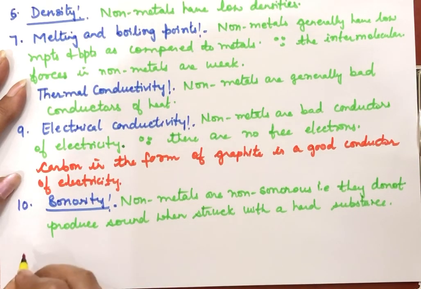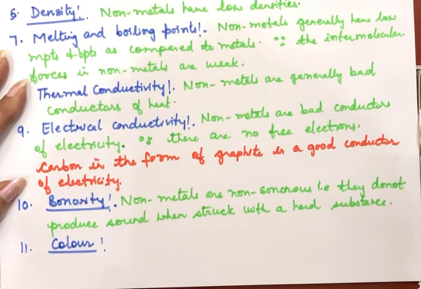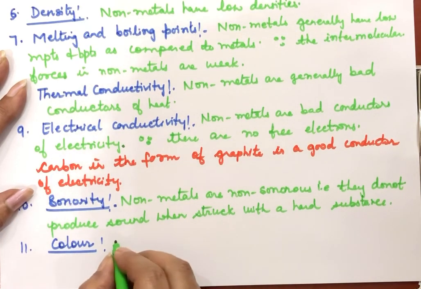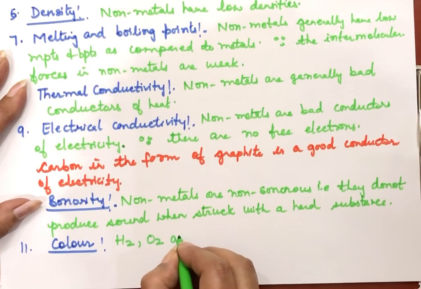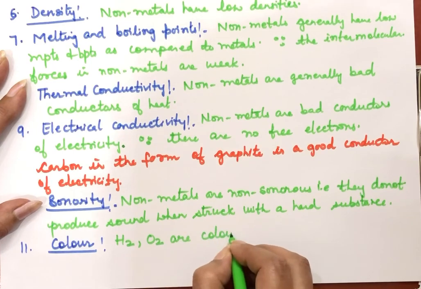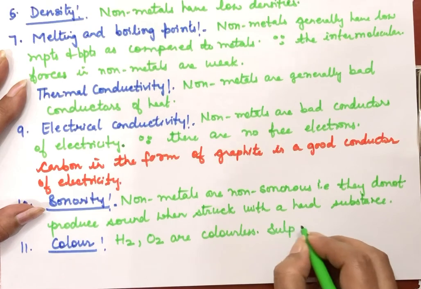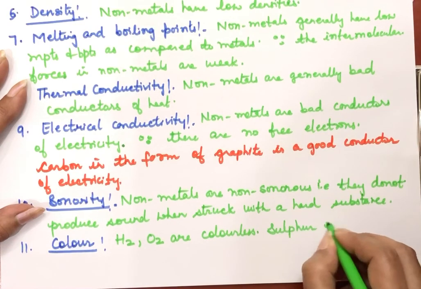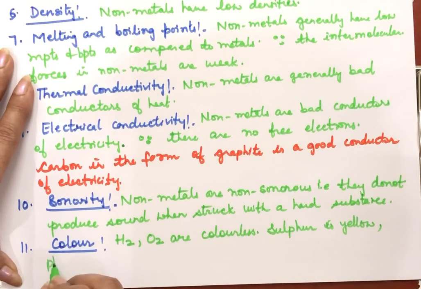Next, the physical property I'm taking is color. Non-metals come in different colors. Most of the non-metals are colorless, like hydrogen and oxygen. Sulfur has a yellow color. Phosphorus comes in two colors, white and red.